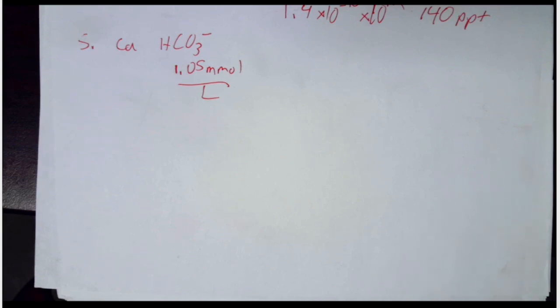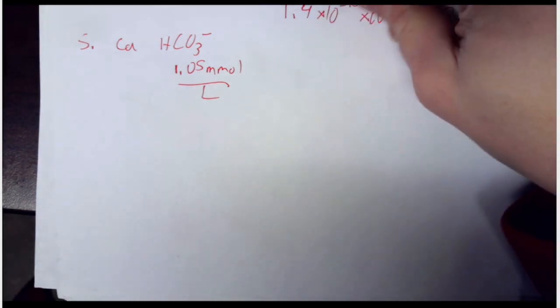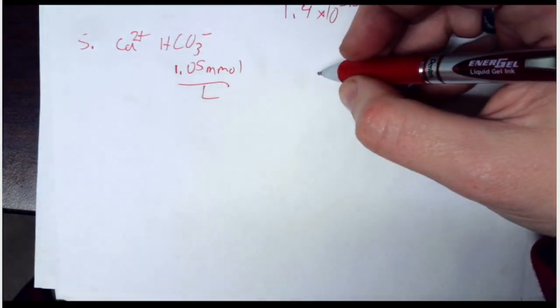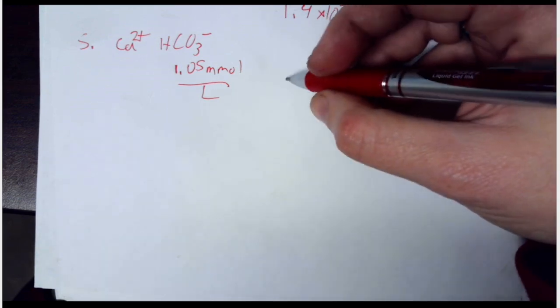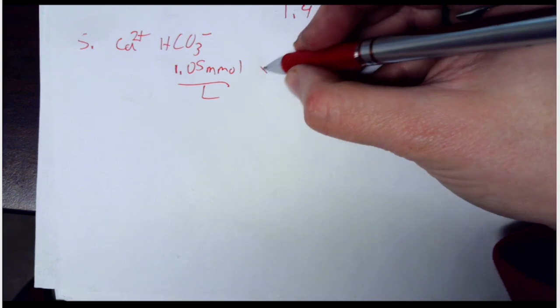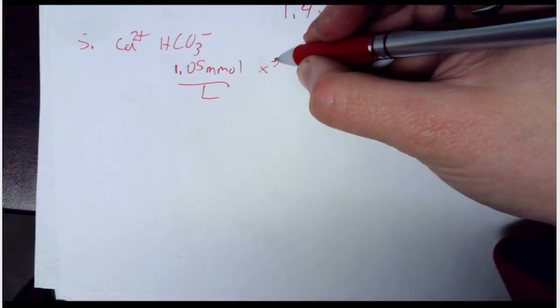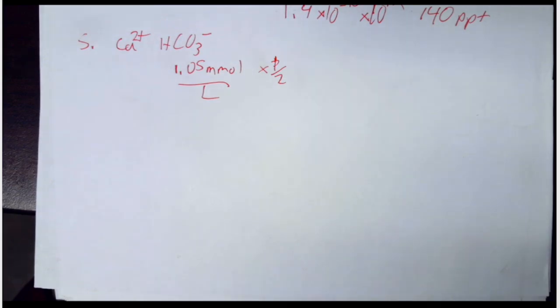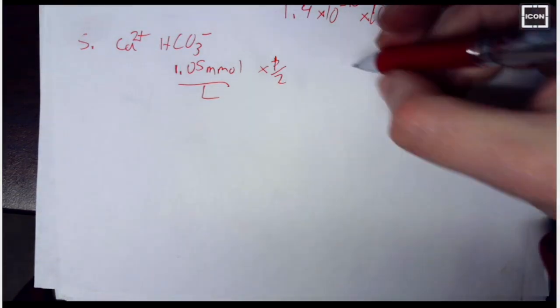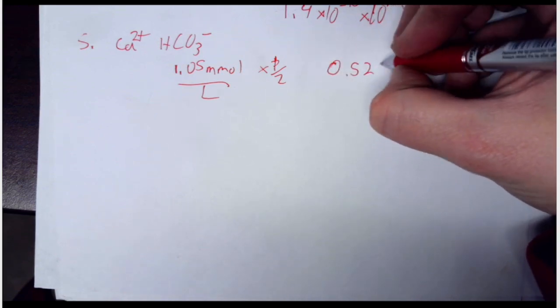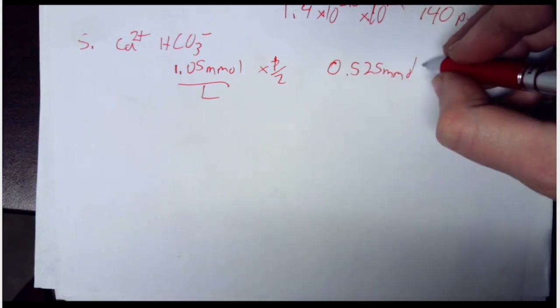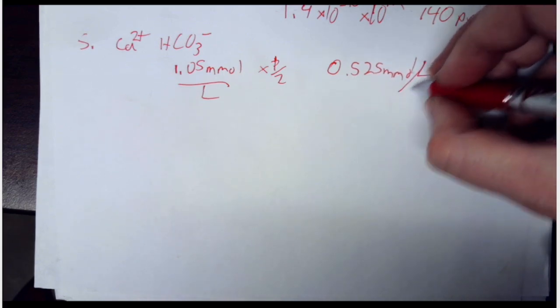So if calcium is 2 plus and hydrogen carbonate is 1 minus, that would need something like 1/2 the number of calciums to neutralize the hydrogen carbonate. So that would mean we have 0.525 millimoles per liter of calcium.